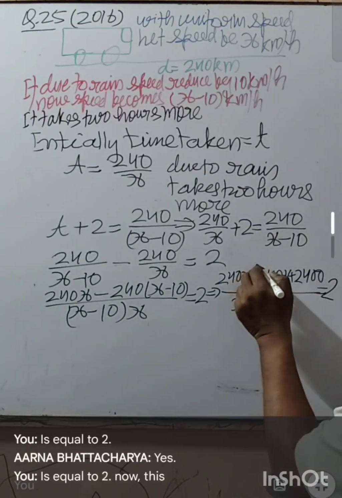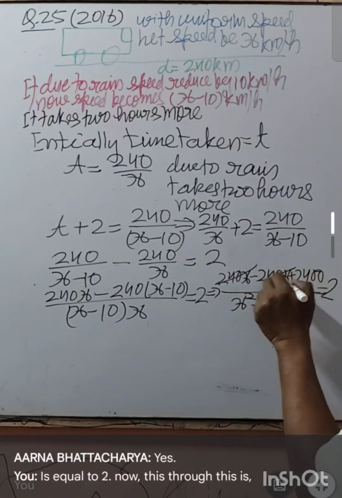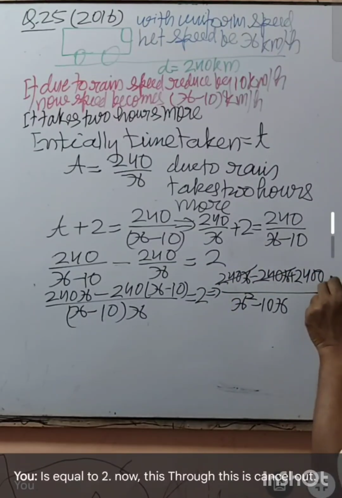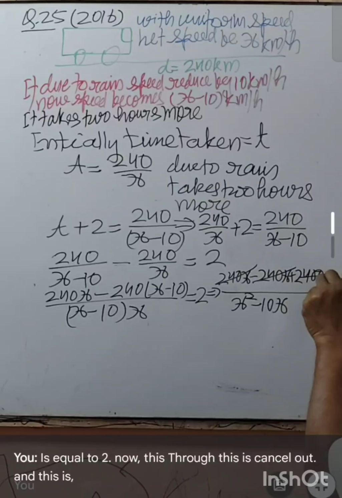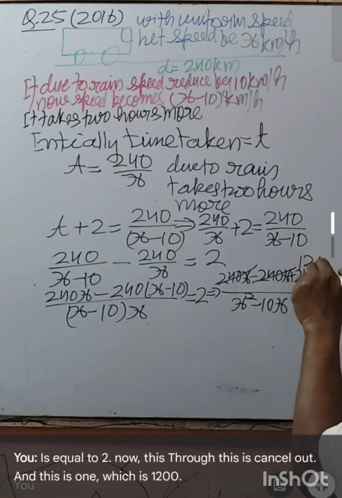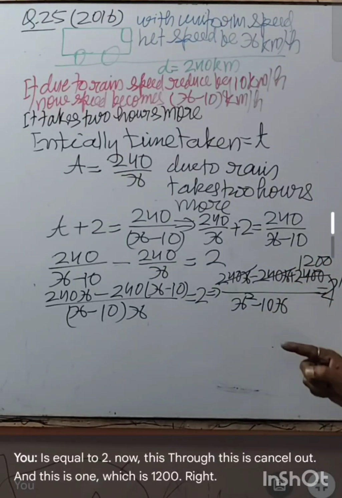Now this is cancelled out, and this is 1, this is 1200, right?